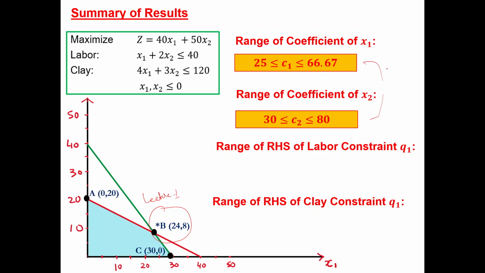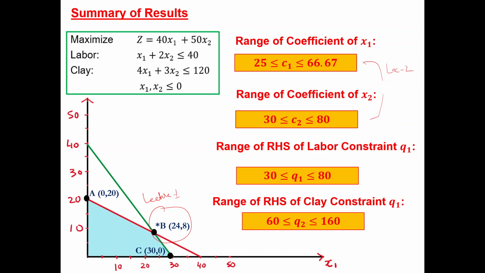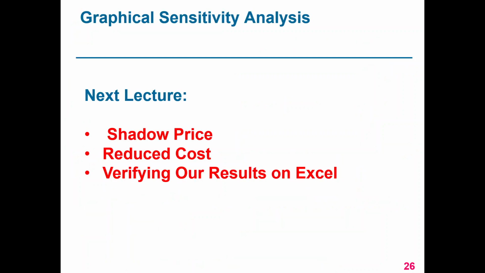And right now we have found the sensitivity range of the labor constraint and the sensitivity range of the clay constraint. So after finding these values, in the next lecture we will look at the shadow price, the reduced cost, and we will verify our results on Excel.